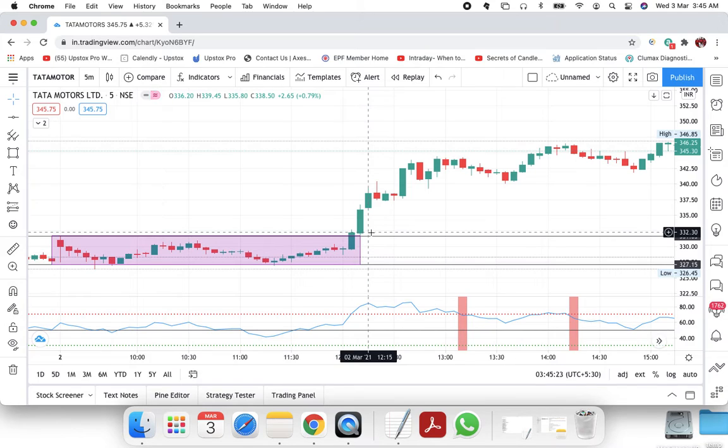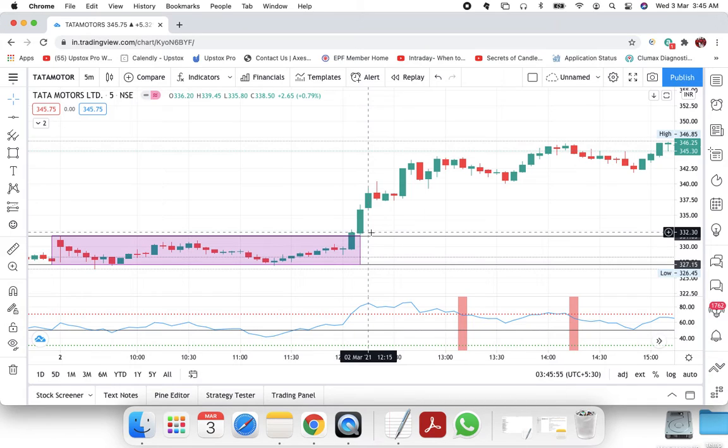So how long can we keep our position? The basic thumb rule is, if it is an uptrend, until the previous candle's high and low is broken, we can keep our position.